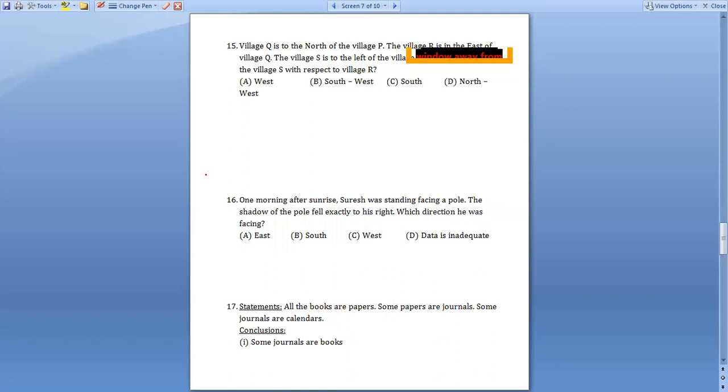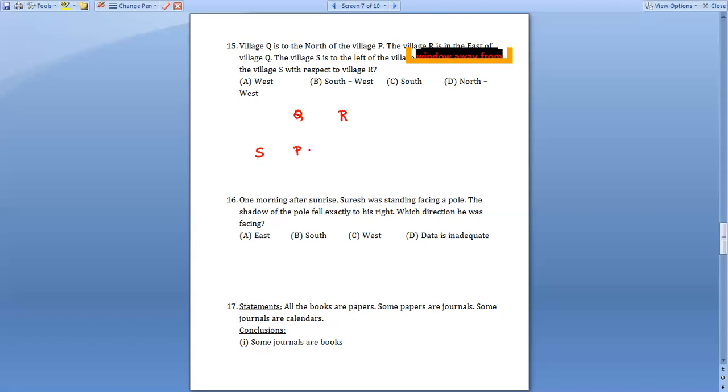Village Q is to the north of the village P. So this is village P. Next, second statement, the village R is in the east of village Q. So this is village Q, and in the east of village Q, we have village R. And village S is to the left of village P.